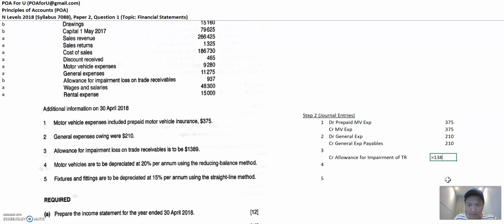You want it to be 1,389, and right now it is 937, so you credit it by 452, and then this 452 will be added to this 937, and it will be a final balance of 1,389. Now what do you debit? For this kind of allowance for impairment entries, when you credit this account, you always debit impairment loss on trade receivables.